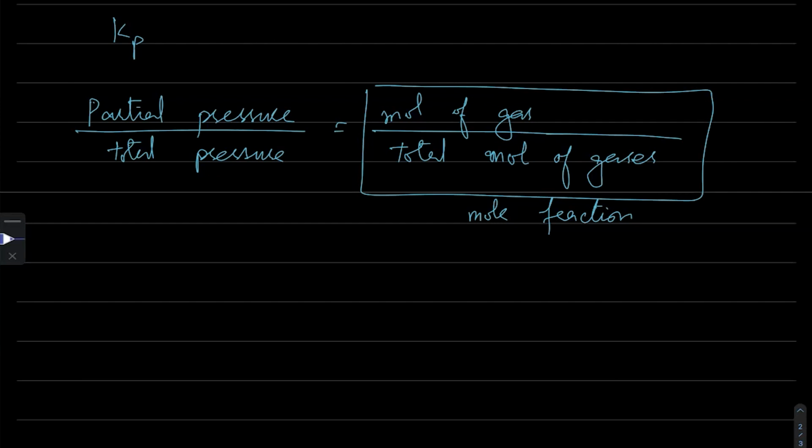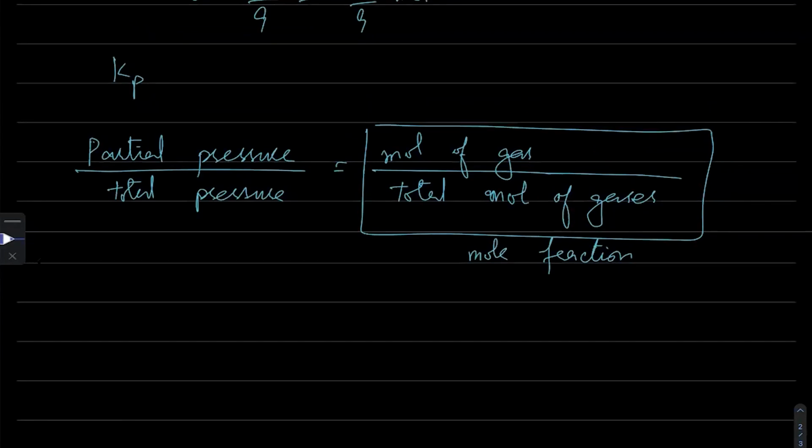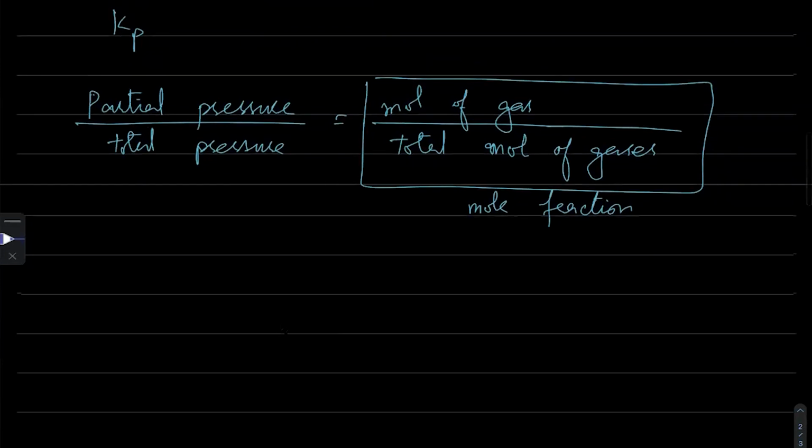The gas that is responsible for the most number of particles is responsible for the greatest number of collisions, and obviously the greatest percentage of the pressure. So that's the idea here. That makes it really easy to figure out the K for different gases, especially if you have a mixture of gases, because it allows us to easily calculate.